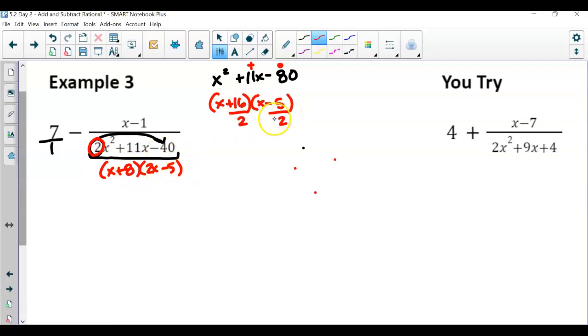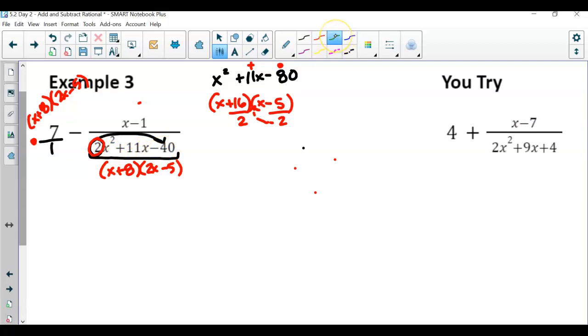Negative 5 divided by 2 can't divide it evenly, so bring that bottom up to 2x minus 5. That means now I can go ahead and multiply. Sorry, I'm running out of space here. So we need to multiply by, well, if it's just 1, then I need x plus 8 times that 2x minus 5, which again will give you that 2x squared plus 11x minus 40, right?